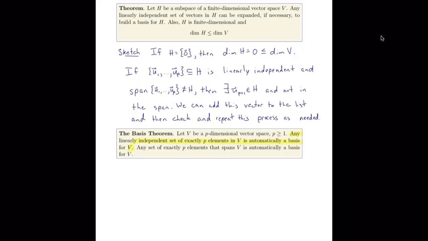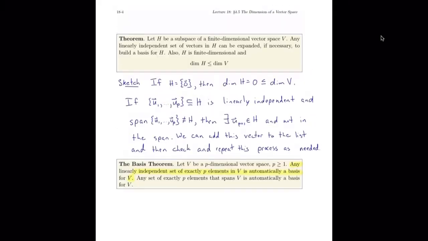If we weren't actually spanning V, then we find one that's linearly independent and add it to the set. Now we'd have p+1 elements in a set that's linearly independent. Well, that contradicts the theorem above, right?